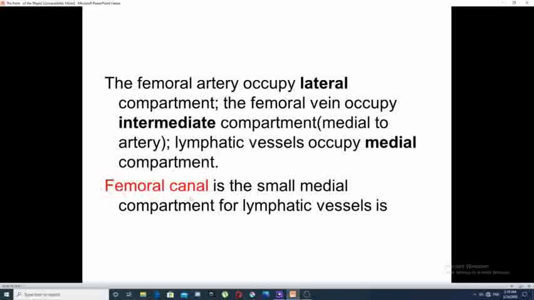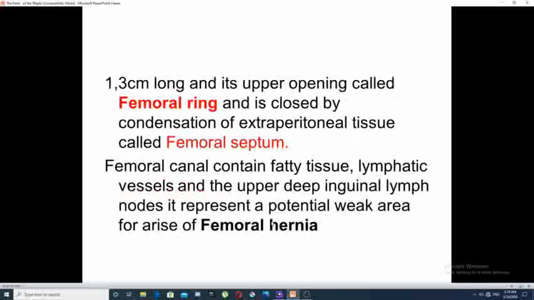Femoral canal. This is the small medial compartment of the femoral sheath which contains lymphatic vessels. It's about 1.3 centimeters in length, and its upper opening is called femoral ring and is closed by a condensation of extraperitoneal tissues called femoral septum.